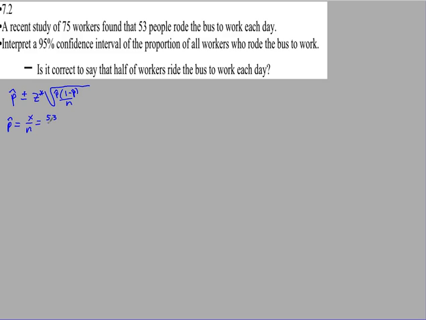So I had 53 who rode the bus out of 75. I'm trying to capture p, and p is the true percentage of workers who rode the bus. That's what I'm trying to capture.